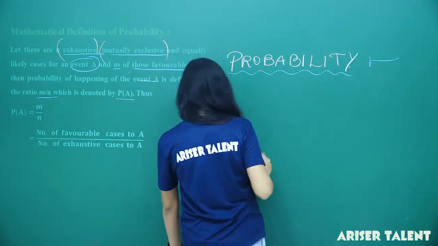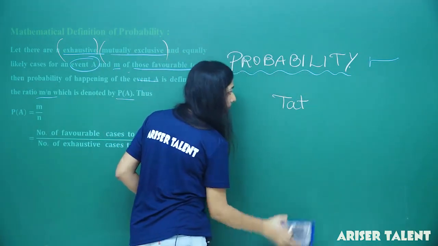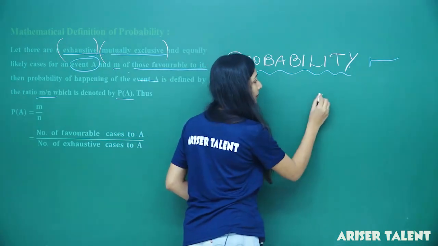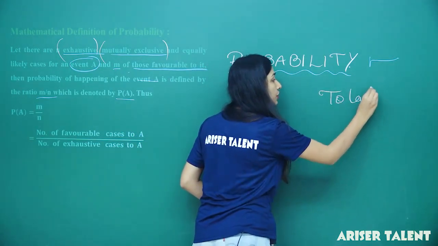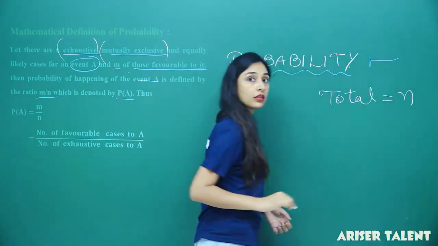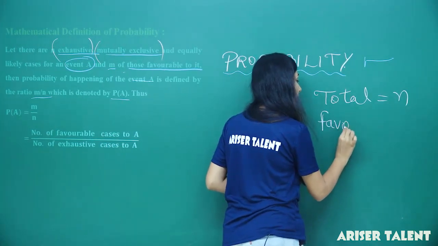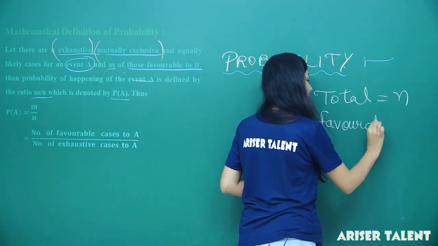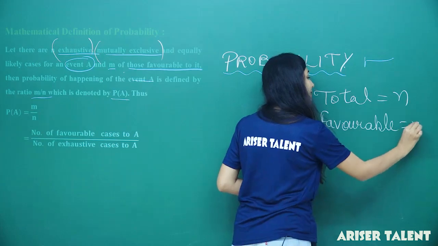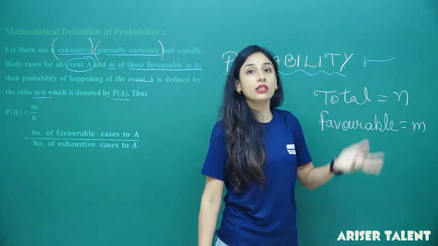When I'm talking about total, I'm talking about the number n. When I'm talking about the favorable, then it is m. Now, what is this n? What is total?